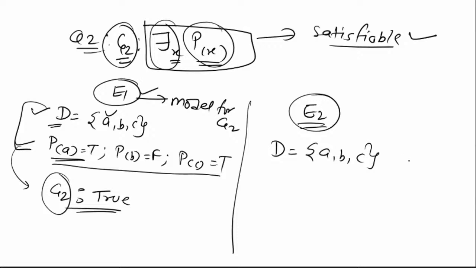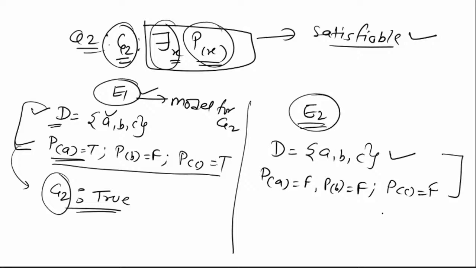And let me give you the interpretation. What is the meaning of environment? It is basically the domain, and you need the interpretation of each symbol. Here we have the predicate P, so we need the interpretation of P. Let P(A) be false, P(B) false, and P(C) false.